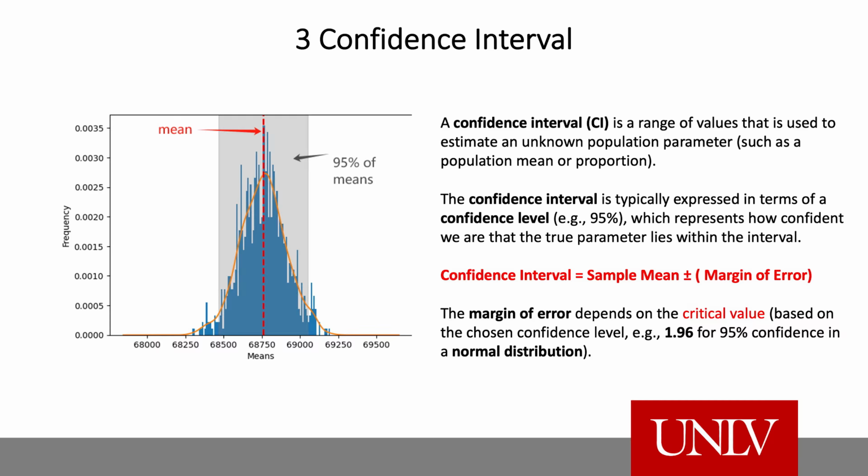For example, 1.96 is the critical value commonly used for a 95% confidence level when the sampling distribution follows a normal pattern. Next, we will talk about why this critical value comes from the normal distribution and why the normal distribution plays such a central role in confidence intervals and statistical inference.